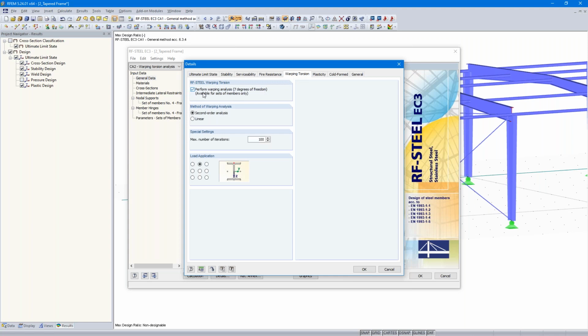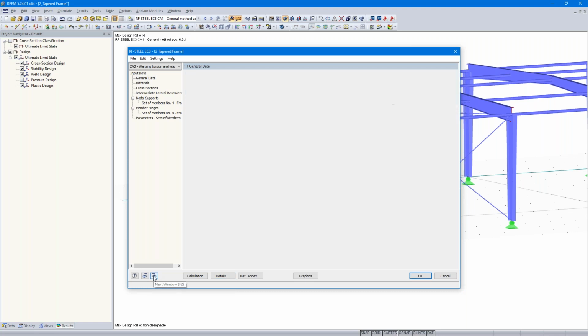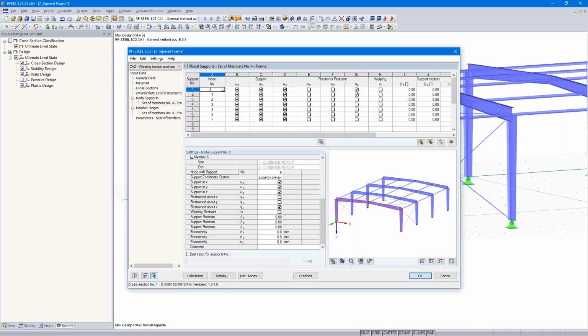I must check this here: perform warping torsion analysis with 7 degrees of freedom. Second order analysis, and we apply the load at the upper flange. Okay, the rest is okay. We can skip the dialogs.